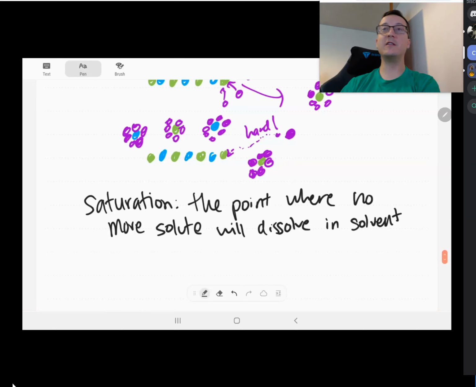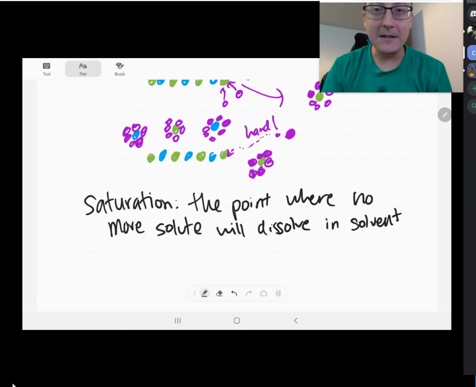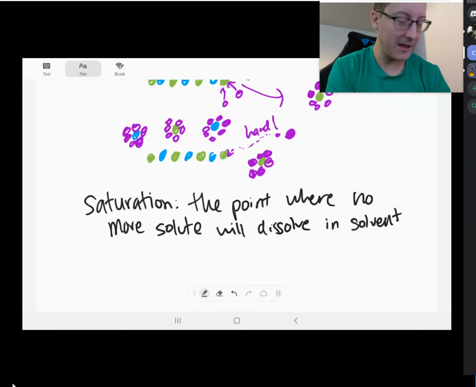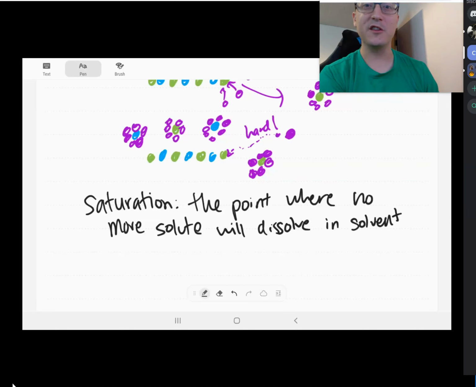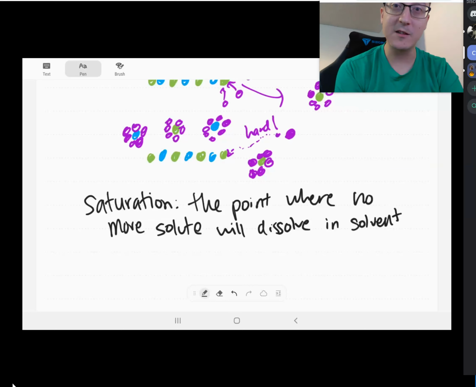Trust me, you can do this at home. Take a cup, put some water in it, and just keep adding salt. Keep stirring it. Eventually, you are going to reach a point where if you keep adding more salt, no matter how much you stir, it is not going to dissolve anymore. And that's what's called saturation. A saturated solution has as much solute as it can possibly hold.